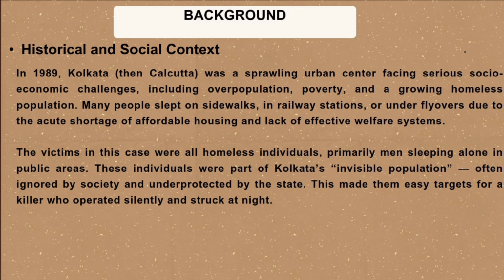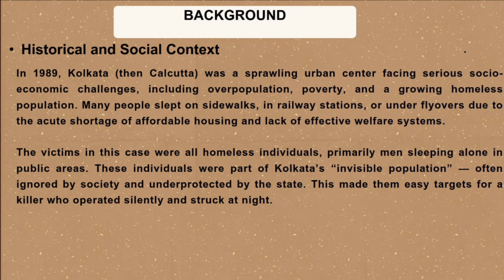Next slide is about the background of the case, the historical and social context. In 1989, Kolkata faced serious socio-economic challenges including overpopulation, poverty, and a growing homeless population. Because of this, many people slept on sidewalks and in railway stations, and the victims in this case were homeless individuals.